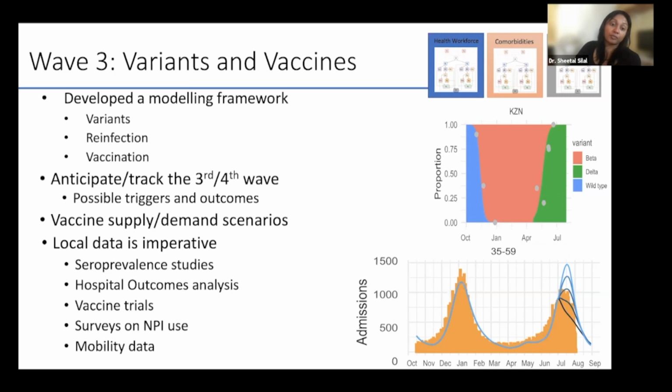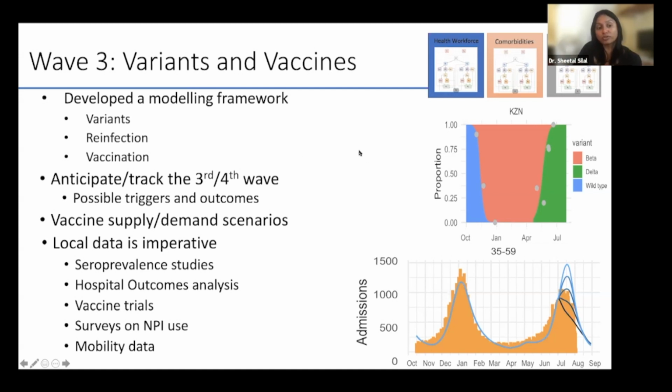And now the third wave is over, we've just, as of last week, developed our first set of fourth wave projections, looking at the anticipated vaccine coverage and the impact of what changes in contacts may achieve as we look forward to the December summer holidays in the country, as well as what the impact of a hypothetical variant with immune escape characteristics might do to the high seroprevalence, or to the high level of previous infection, which has already been measured in the country.